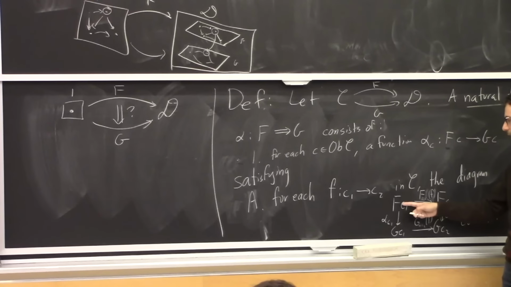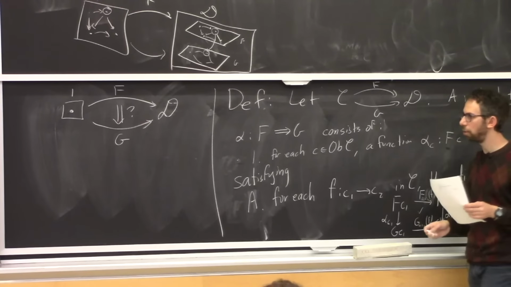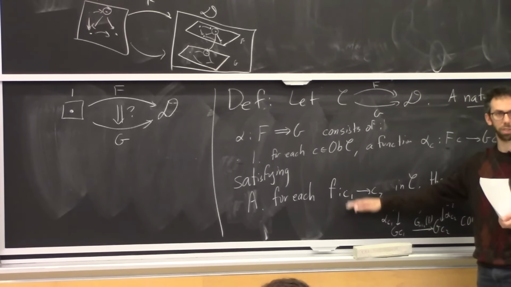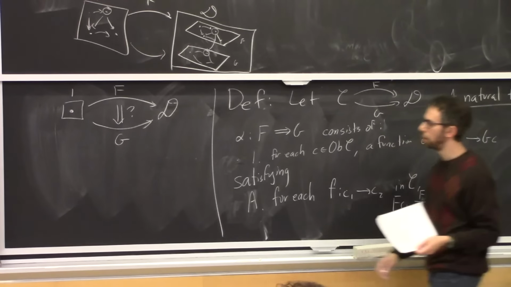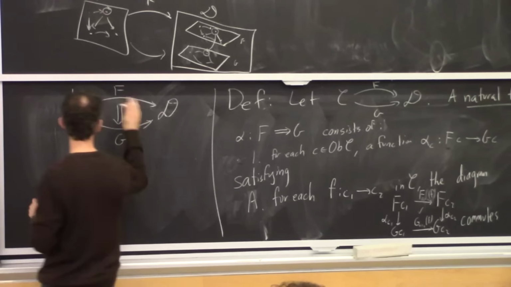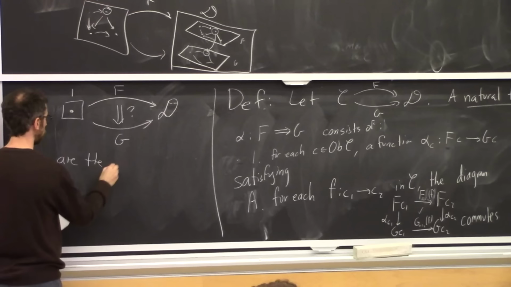Then does that commute? It just says, is alpha composed with identity the same thing as identity composed with alpha? And it just works. That's another thing we can talk about after class: you don't really need to worry about identities for this definition, they automatically hold. So the point is that the natural transformations from F to G are the morphisms.